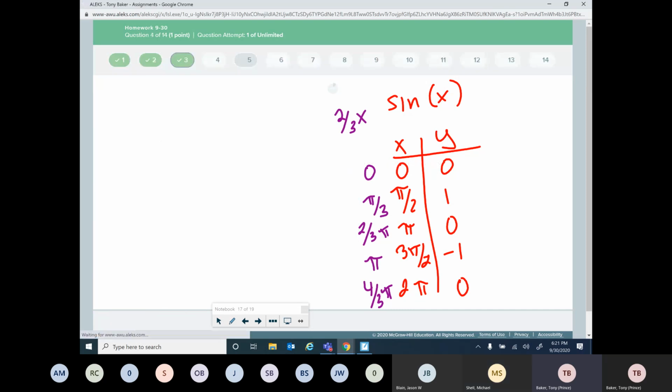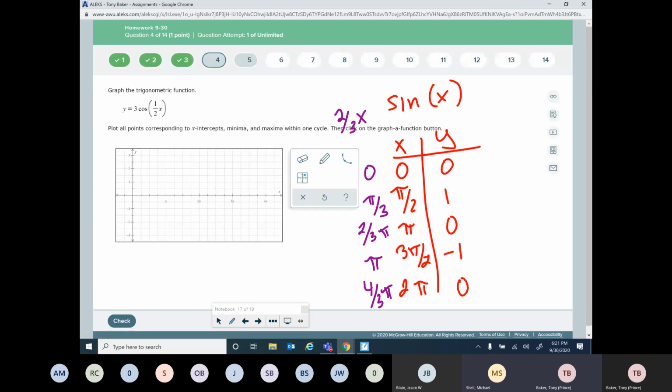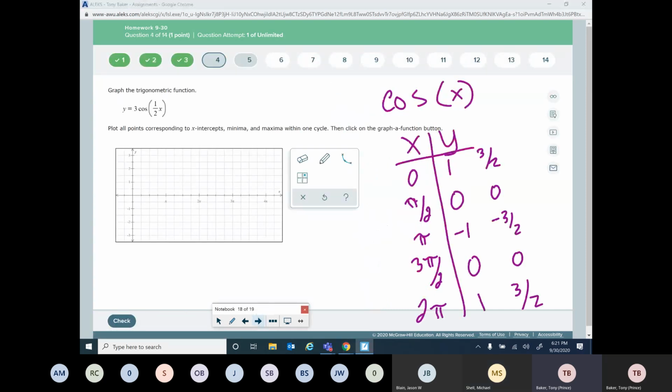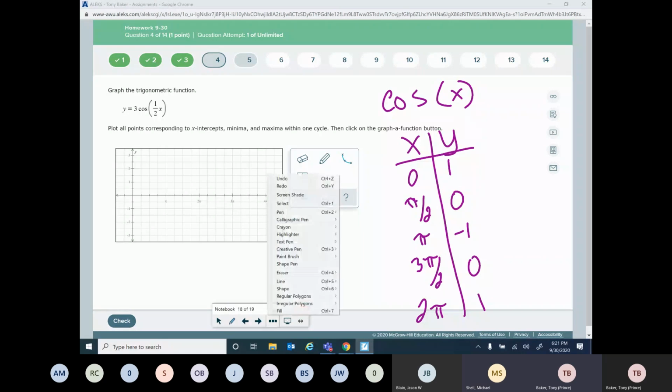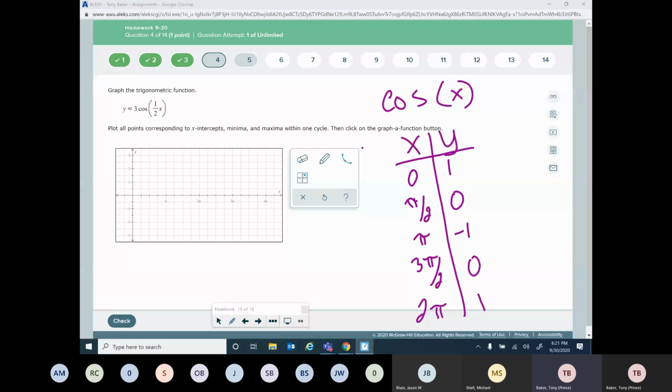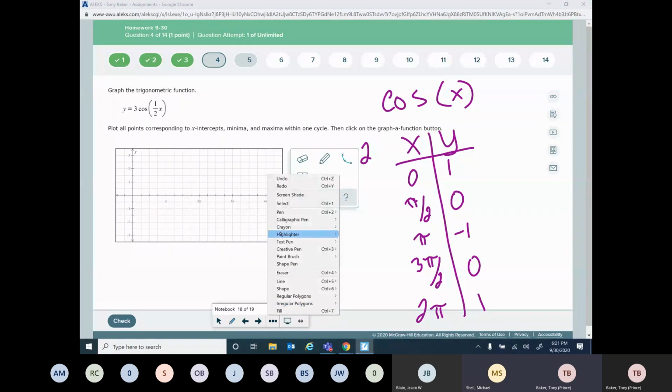All right, let's keep going. Now this one, same thing, except it's more stuff. So we're using our cosine parent function. I've got the 1/2 inside of the x, so I'm going to do 2x.